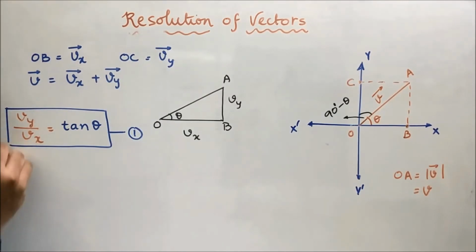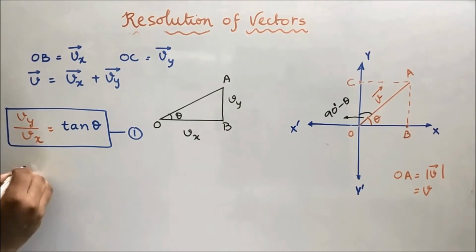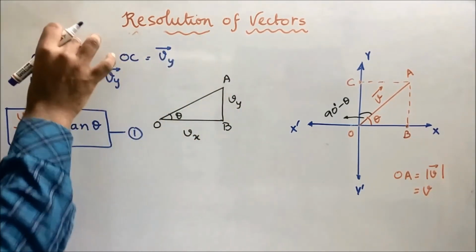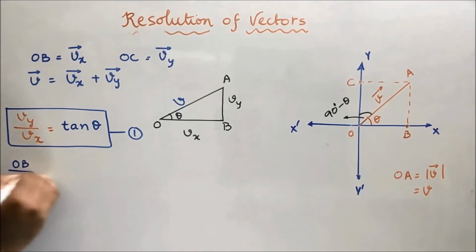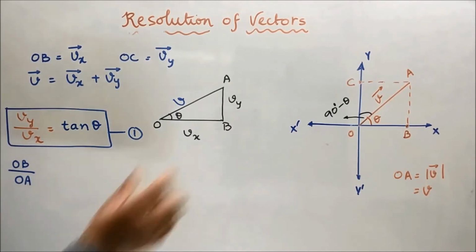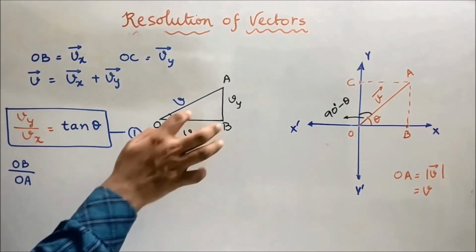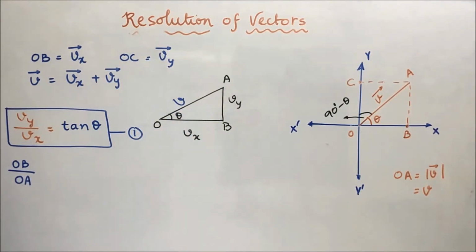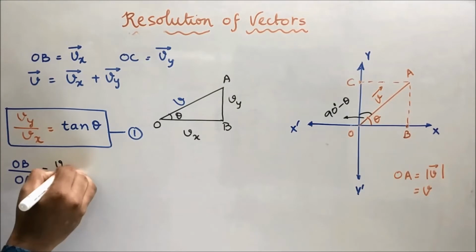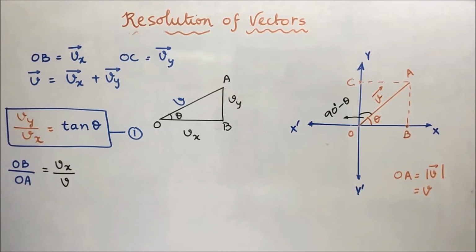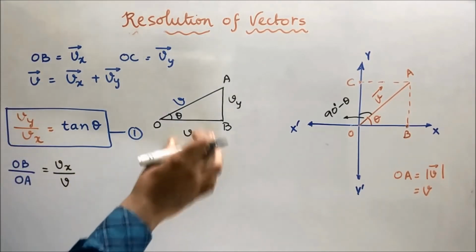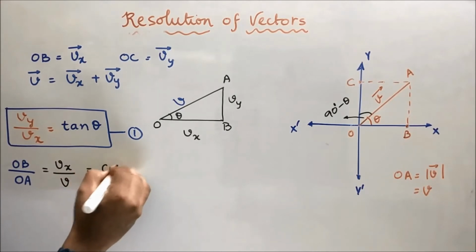Also, what is OA? OA is the magnitude of V, so let us write it as V. If I write OB divided by OA, OB is the adjacent side to this angle, and that is equal to Vx, and OA is the hypotenuse, that is equal to V. Vx by V, adjacent side by hypotenuse, is equal to cos theta.